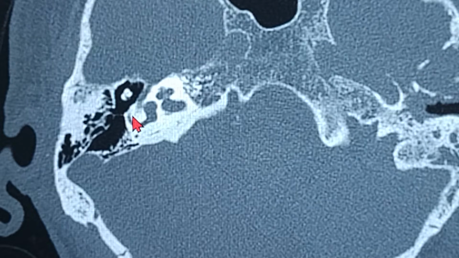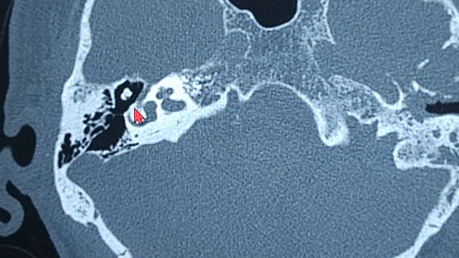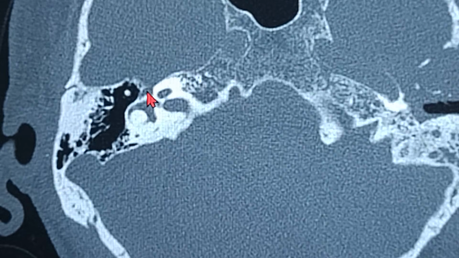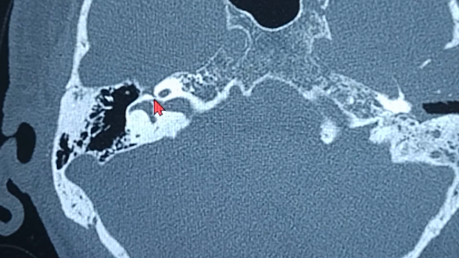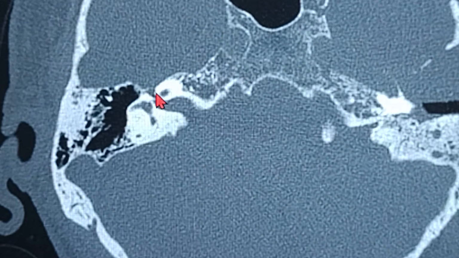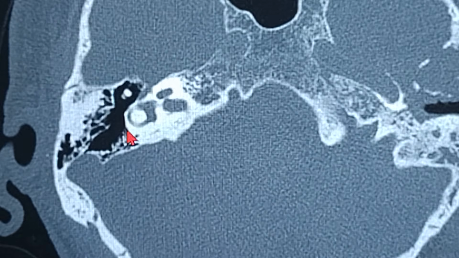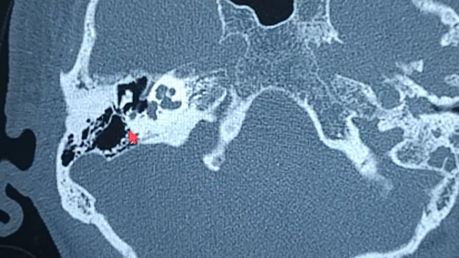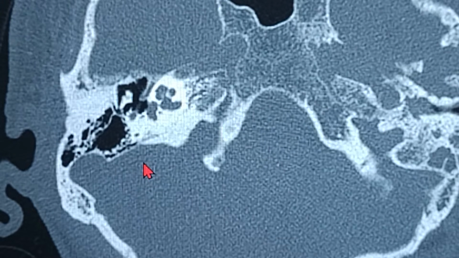As we keep on going up, that's the labyrinthine segment in the IAC, and that's the first genu. Then the horizontal segment, and then another genu over here to make the vertical mastoid part, and then the exit from the foramen.